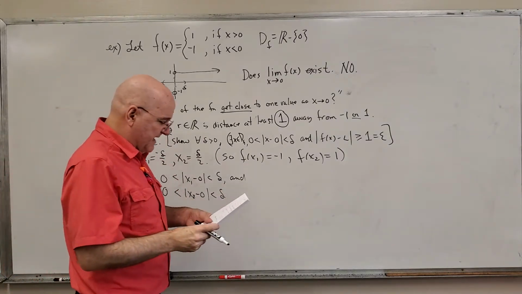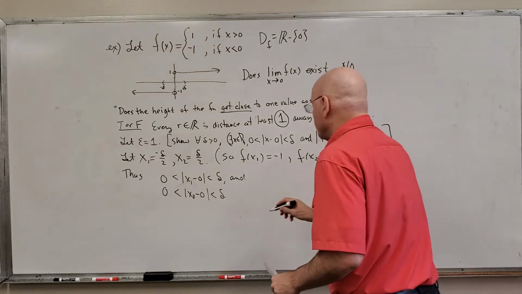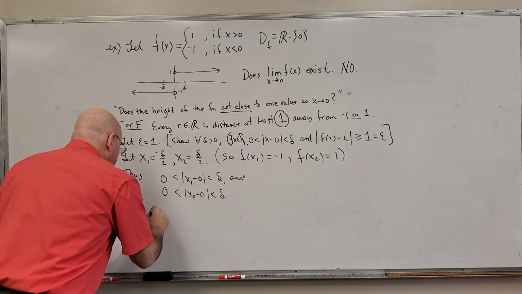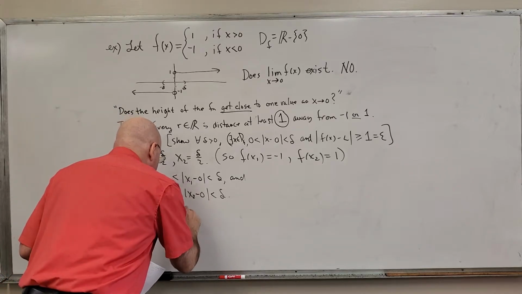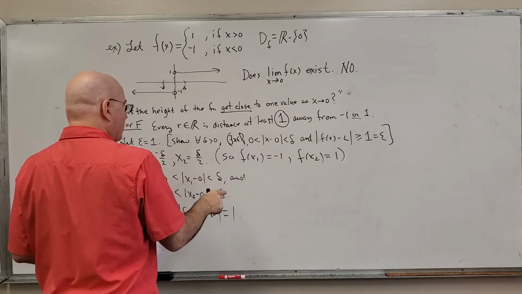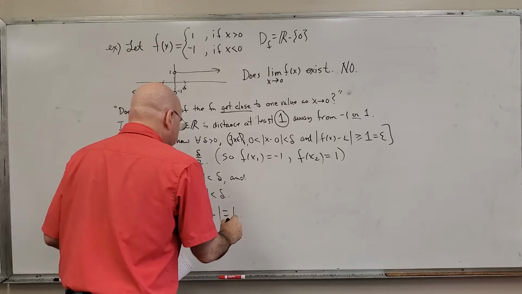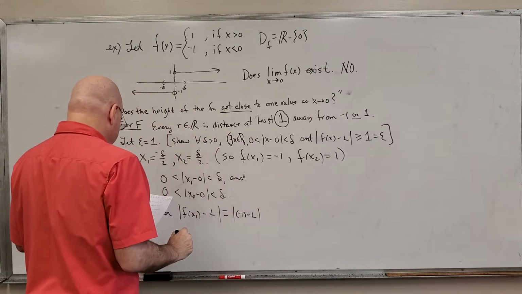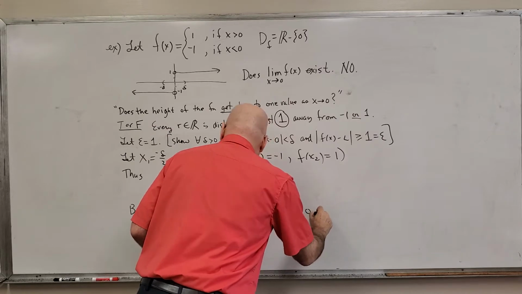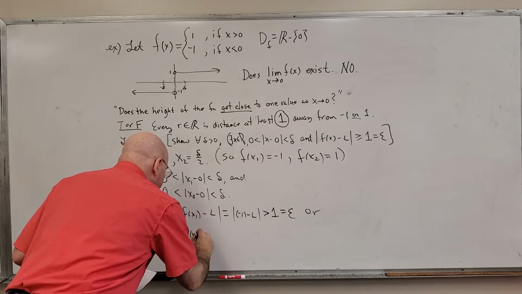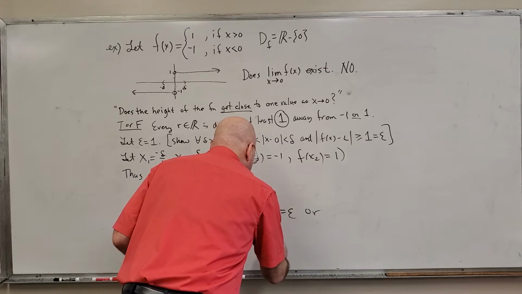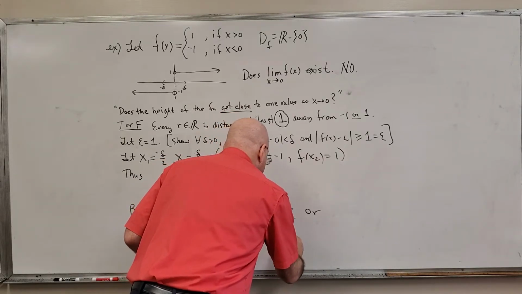Both of those hypotheses are satisfied, but either f of x1 minus the limit, which is negative 1 minus the limit, is greater than or equal to 1, or, on the other side, f of x2 minus the limit, which will be a positive 1 minus the limit, is greater than or equal to 1, which is epsilon.